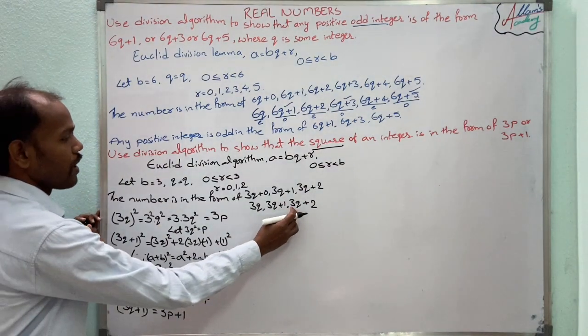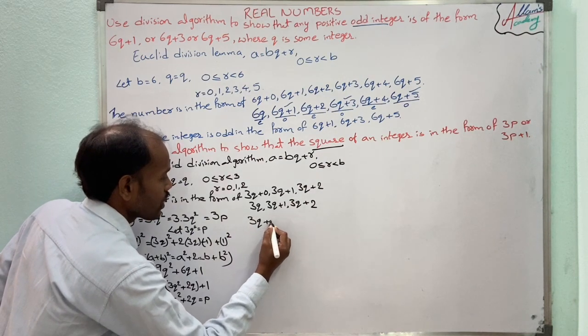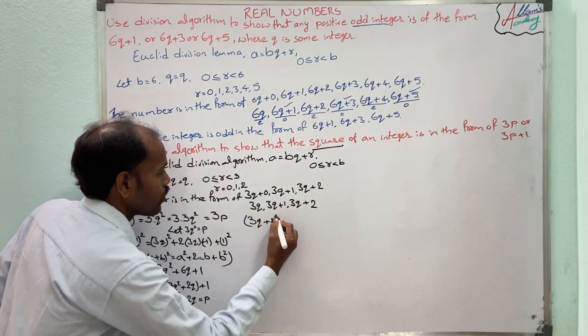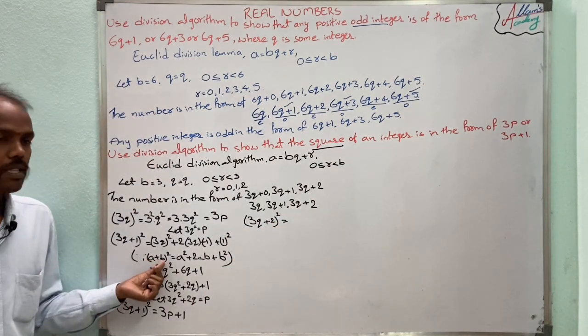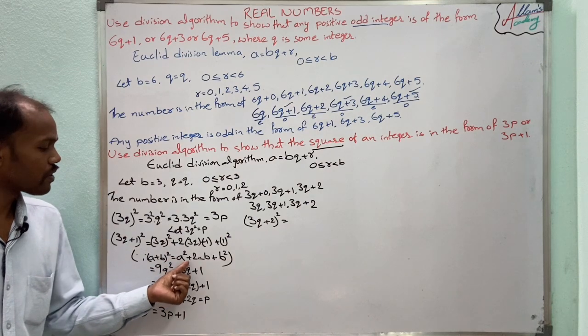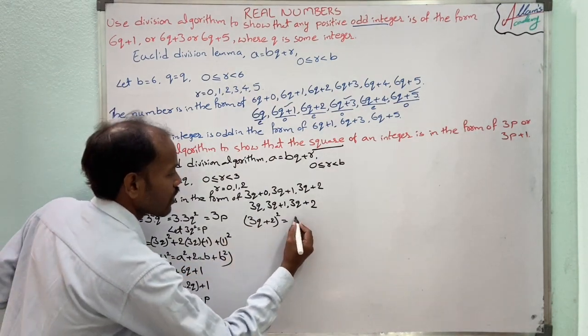Same in this model, (3q plus 2) whole square. Now already we said it is in the form of (a plus b) whole square, equal to a square plus 2ab plus b square. Here a equal to 3q.